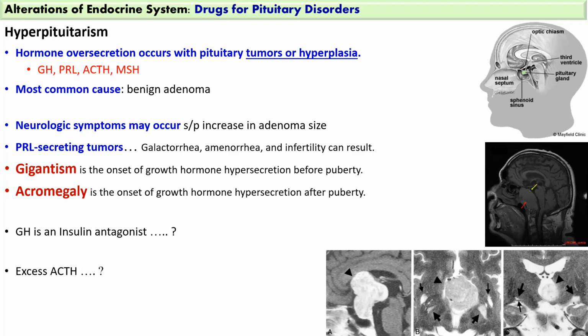So the adenoma, which is a tumor in the pituitary gland, when this tumor or adenoma size becomes large enough and exerts pressure on the brain tissues, that's when the patient would start to exhibit neurologic symptoms.